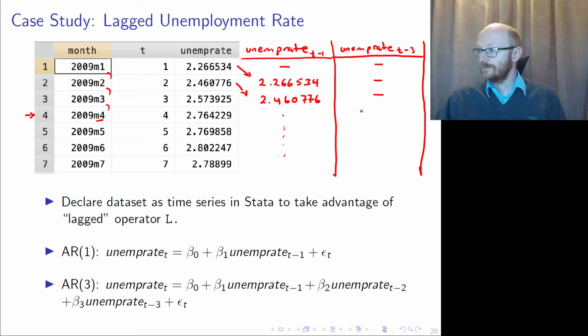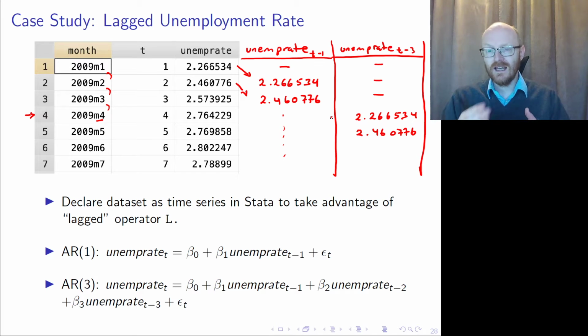So for the fourth entry here, we use the first month unemployment rate, because that's t minus 3. So that would be 2.266534, and for the fifth month we use t minus 3, which is month 2, 2.460776. So now you get the idea behind it.